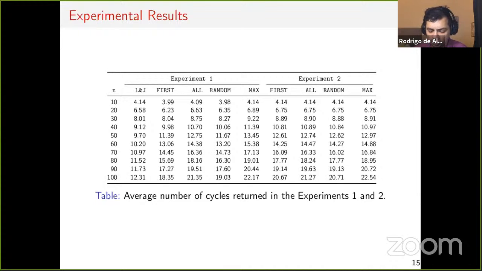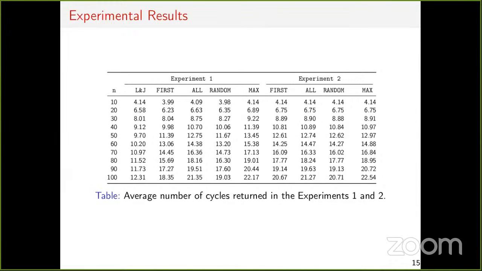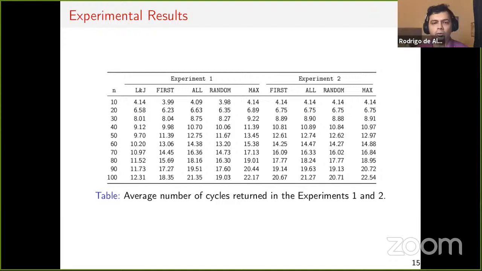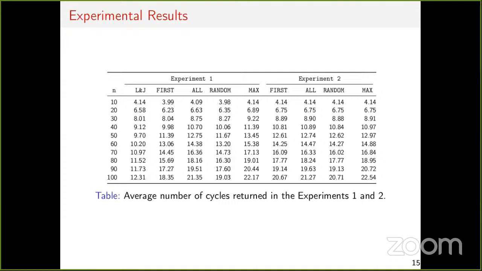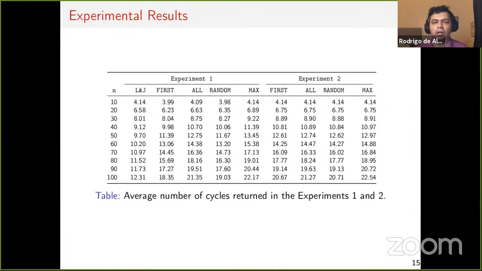What is the approximation factor of the algorithm? Jiang's algorithm? Approximately 1.41. 1.41. So yes, those are very impressive results.